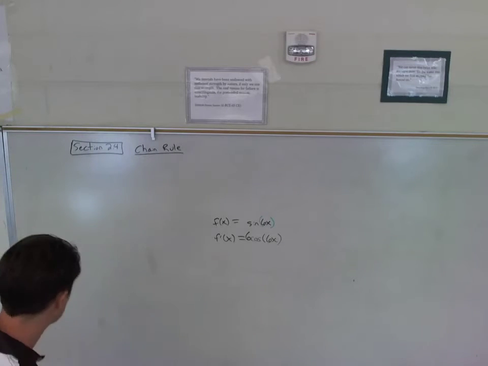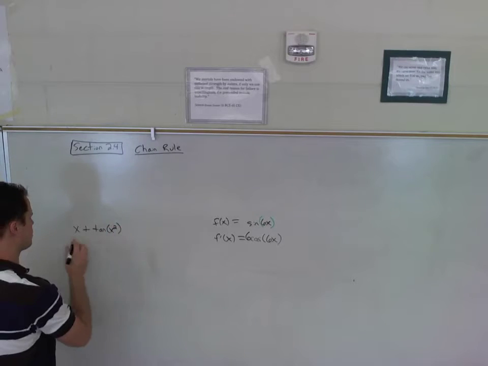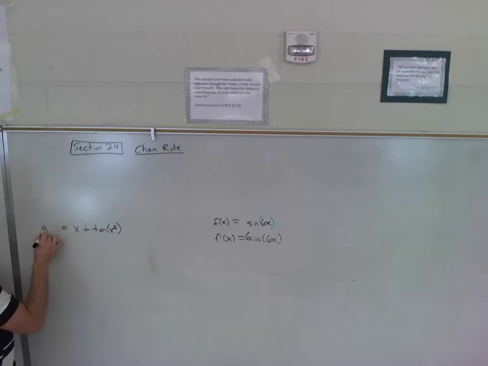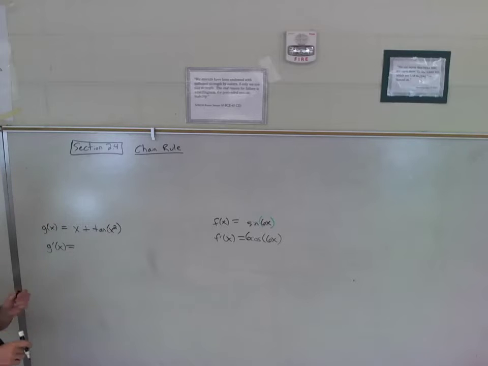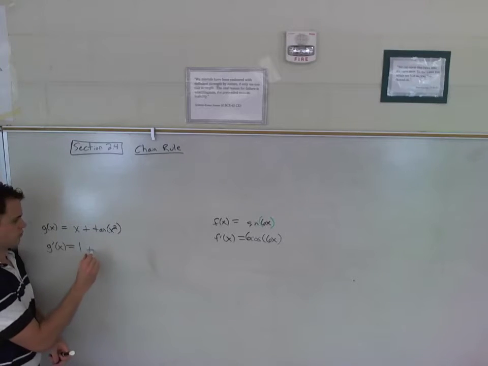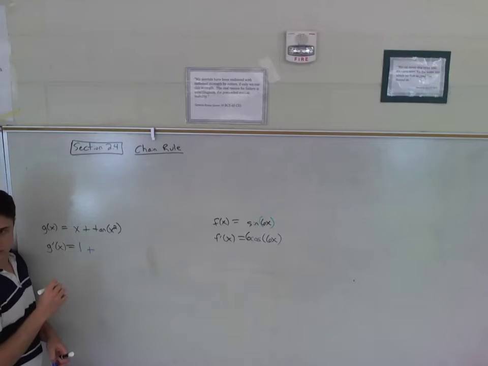How about this guy? Let's do x plus the tangent of x squared. Let's call that g of x. What is g prime? You guys help me. 1 plus secant squared of x squared. Which one's inside?